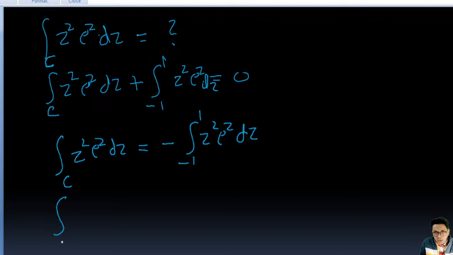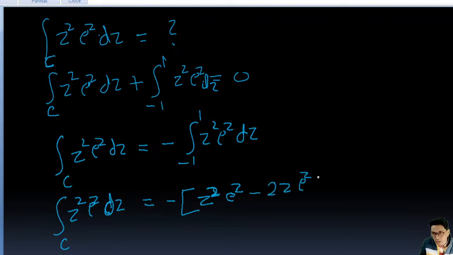So this contour integration of z square e to the power z dz, we'll use integration by parts and solve it. We'll take minus as common. By integration by parts it is going to be e to the power z into z square minus 2z e to the power z plus 2 e to the power z, integration -1 to 1. This is the integration by parts we have done.